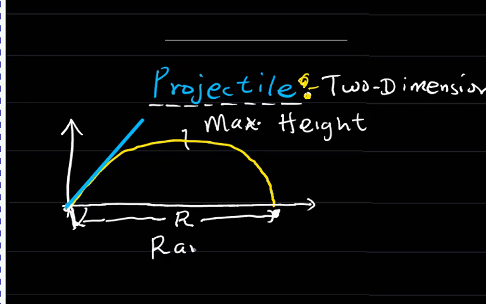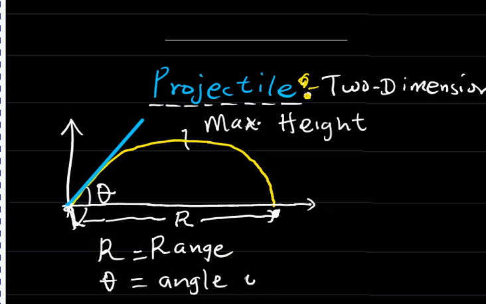R represents the range. While the initial velocity is inclined at an angle theta, this angle theta is referred to as the angle of projection of the projectile.